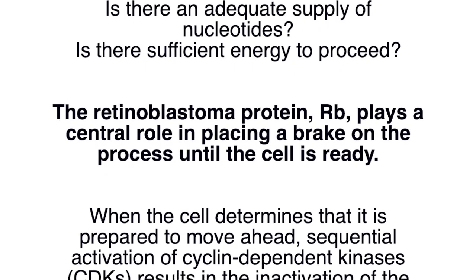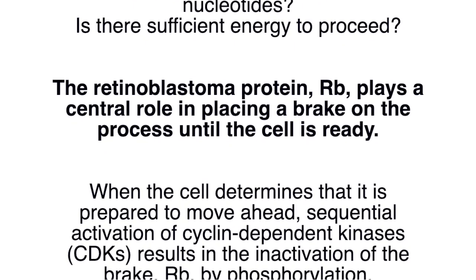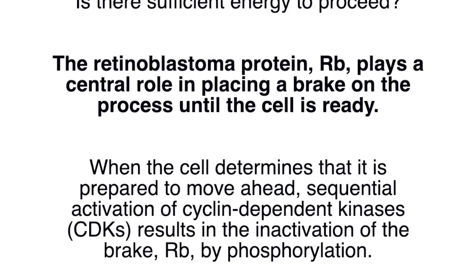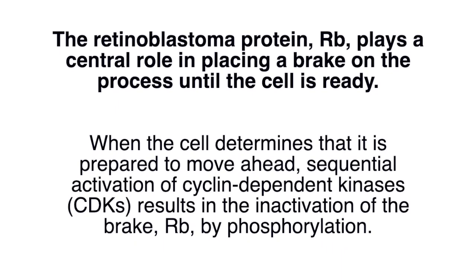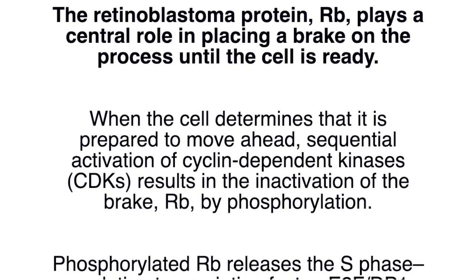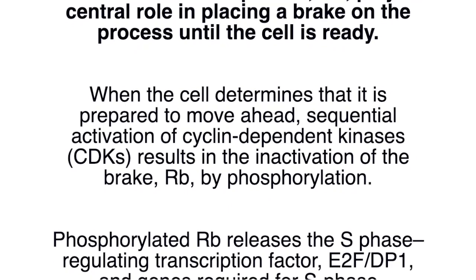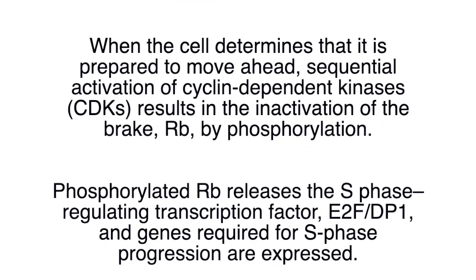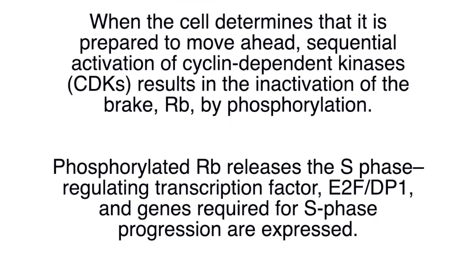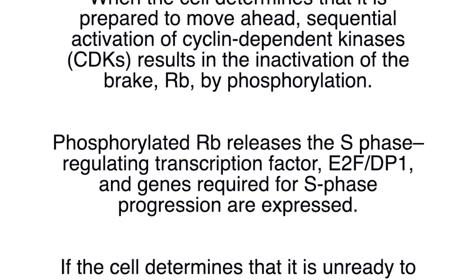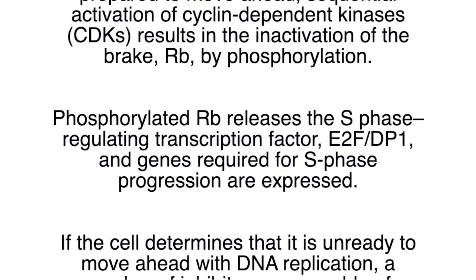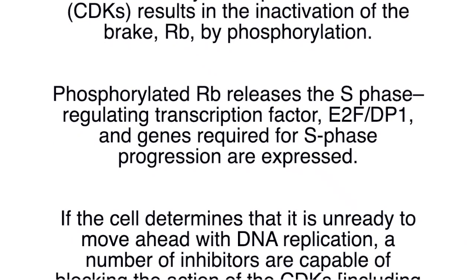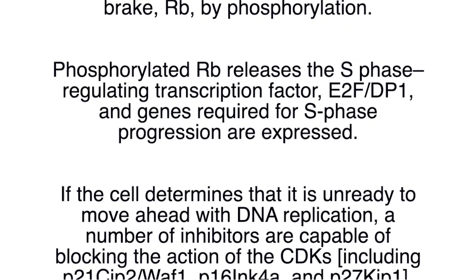When the cell determines that it is prepared to move ahead, sequential activation of cyclin-dependent kinases, that is CDKs, results in the inactivation of the brake RB by phosphorylation. Phosphorylated RB releases the S phase regulating transcription factor E2F-DP1, and genes required for S phase progression are expressed.